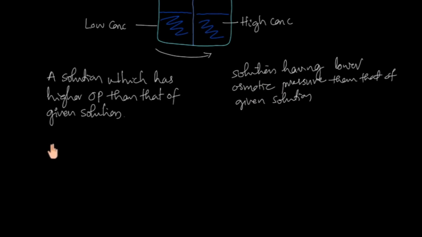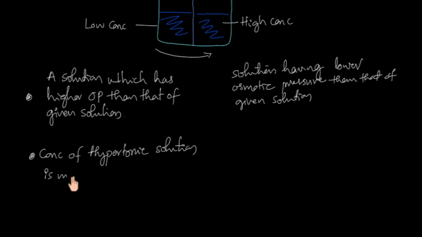The concentration of a hypertonic solution is high, more than the given solution, and the concentration of a hypotonic solution should be very low as compared to the concentration of the given solution.